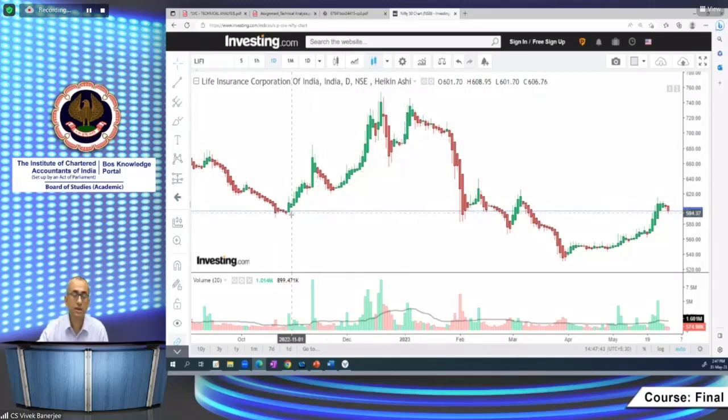Let us see the prices move in trends. Here at the bottom, 31/10/2022, and it is showing a trend up to 14/11/2022. Again, it is showing a downtrend for some time. Then it is again showing an uptrend, then a downtrend, then uptrend, again downtrend. So prices generally move in trends.